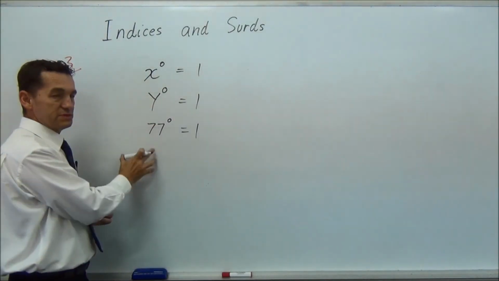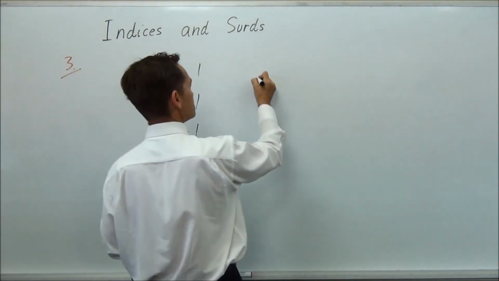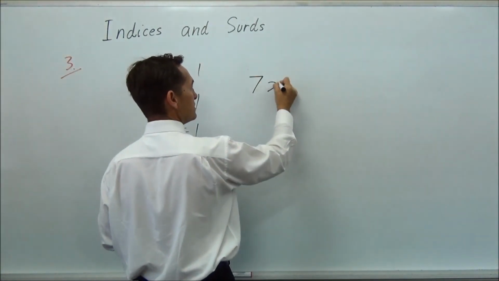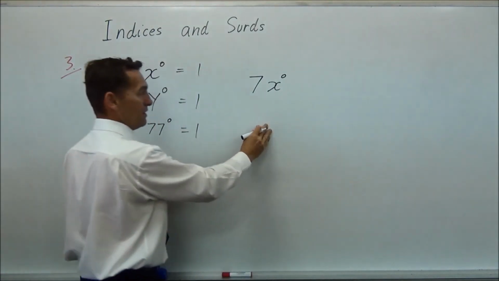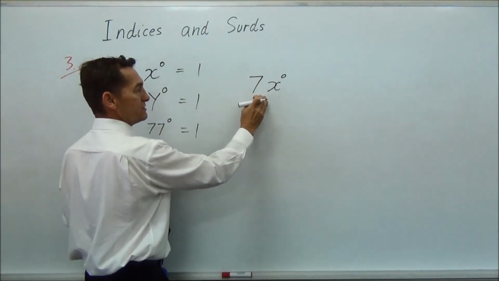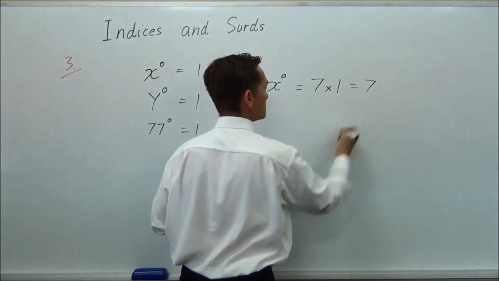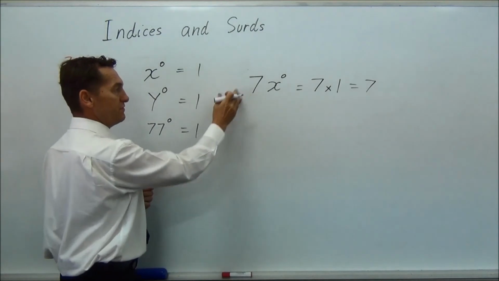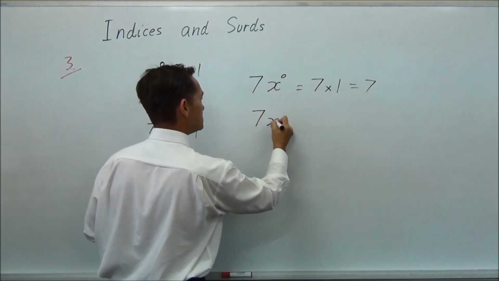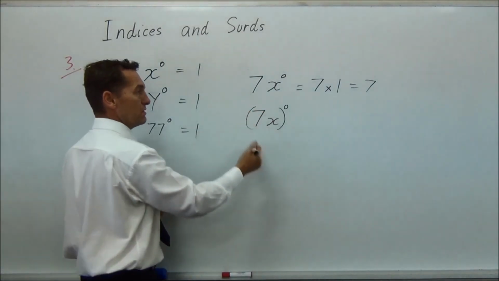The trick with the zeros is when you get a question that looks like this, and it says, what is 7x to the 0? Now because that 0 doesn't surround the whole lot, this equals 7 multiplied by 1, which equals 7. Now that is different to getting a question which says, what is that? That's saying the whole lot is 1.